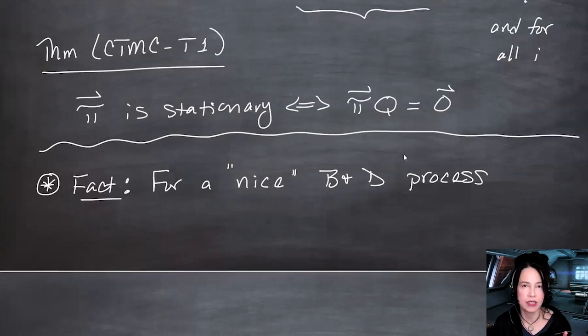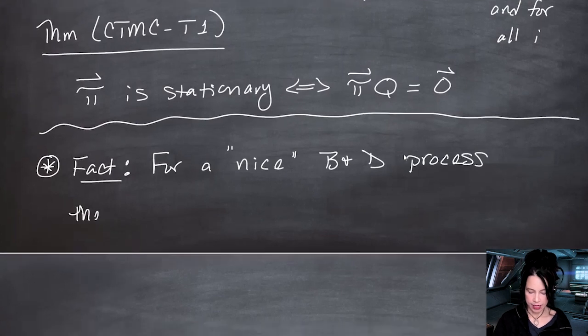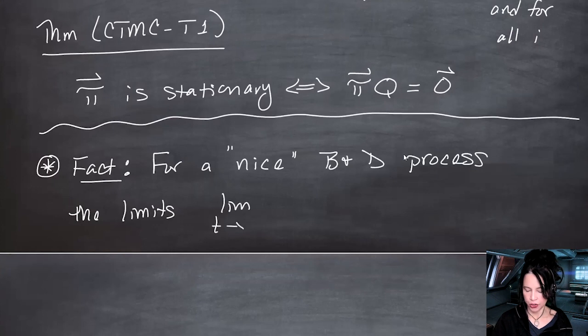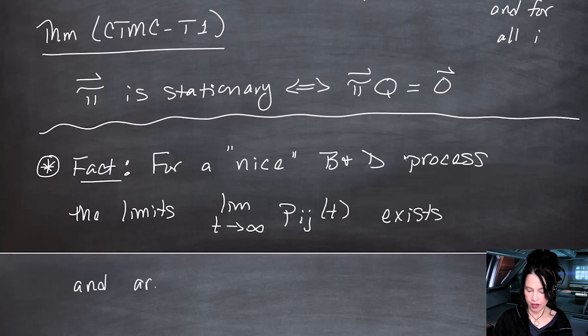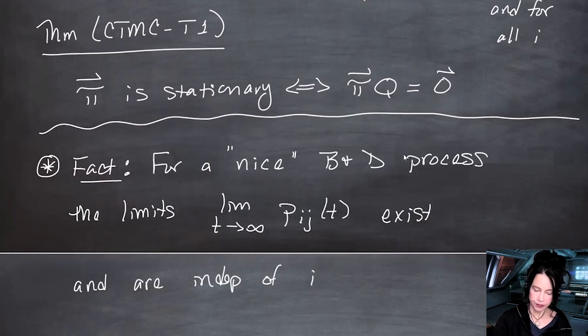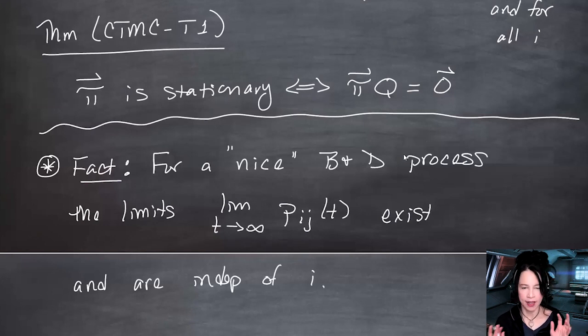But for a nice birth and death process, when the rates are amenable to there being an equilibrium, we can show that the limit as t goes to infinity of the probability of going from I to j in t units of time exists and is independent of I. The limit exists if the birth and death rates can kind of balance.